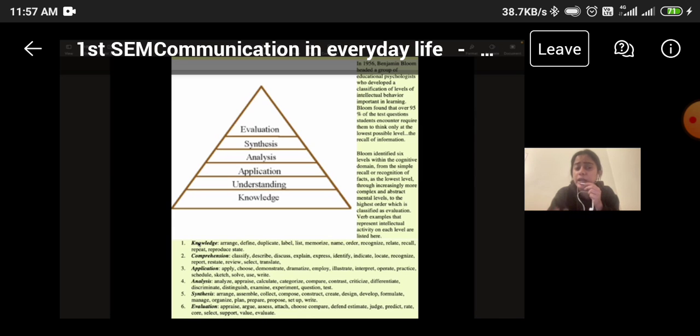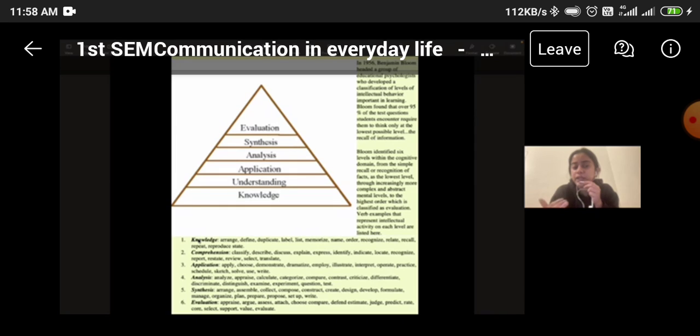How do we synthesize? We synthesize when we are arranging whatever we have defined, whatever we have classified, whatever we have demonstrated, whatever we have calculated. Then we are able to synthesize. We synthesize by developing, by designing, by formulating.